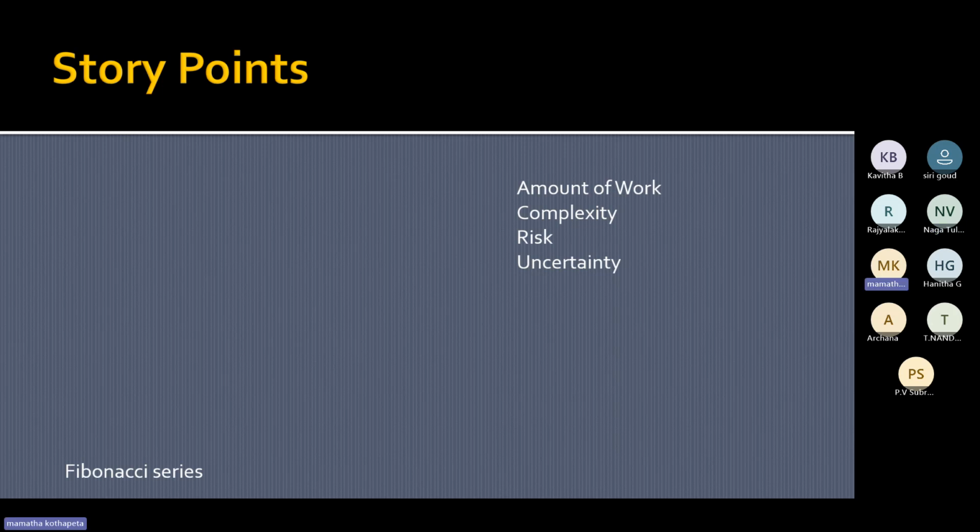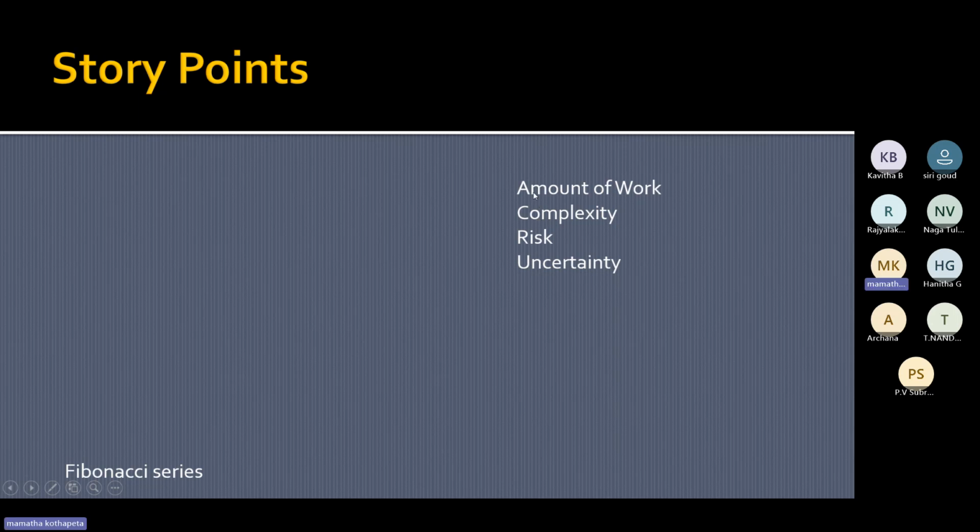One is the amount of work. Some points they'll give, and the pointing system generally uses the Fibonacci series, as you can see on the screen: 1, 3, 5, something like that. As a tester, you need not worry about it, but having this knowledge is very important. So based on the amount of work for each requirement, some points are given.